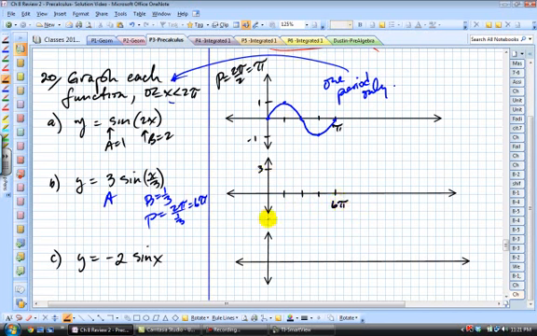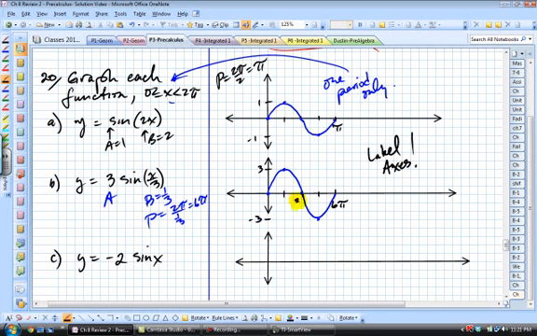Amplitude is 3, so 3 here, -3 here. And then go ahead and graph. So here, here, here. Oop, down here. Okay, let's erase that 1 point. Alright, there you go. Make sure you label the axes.